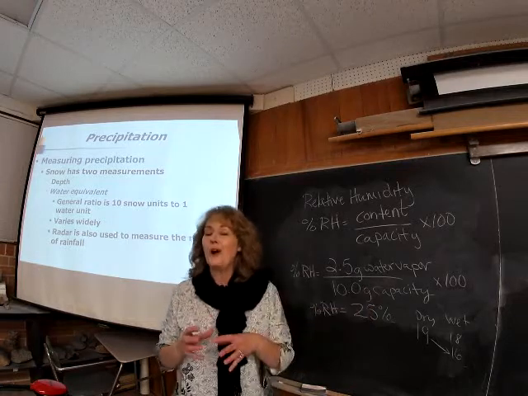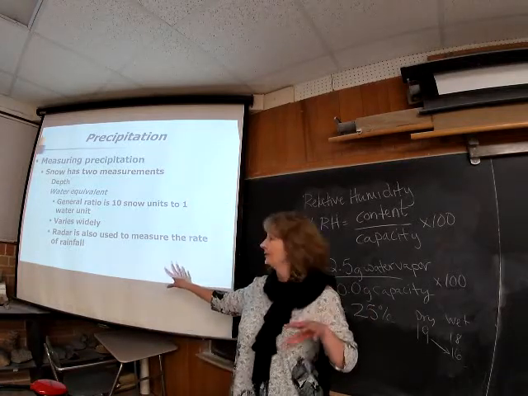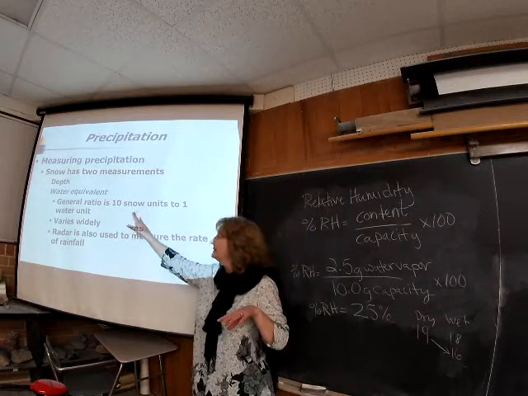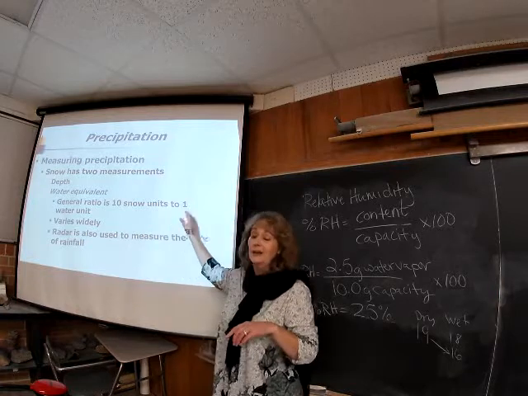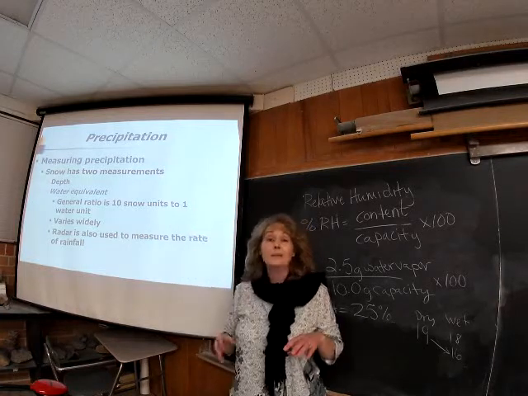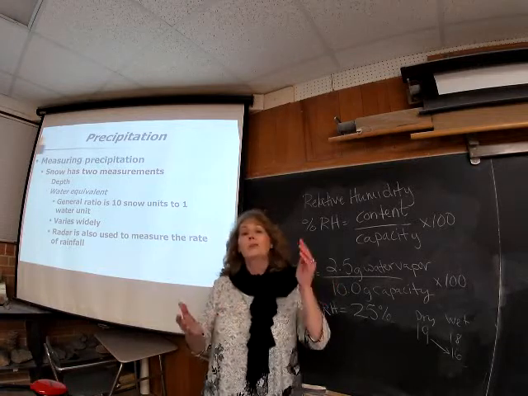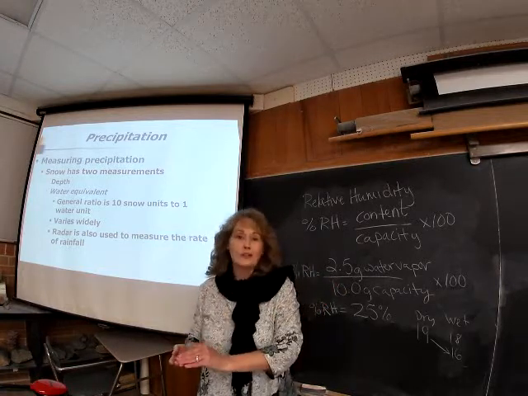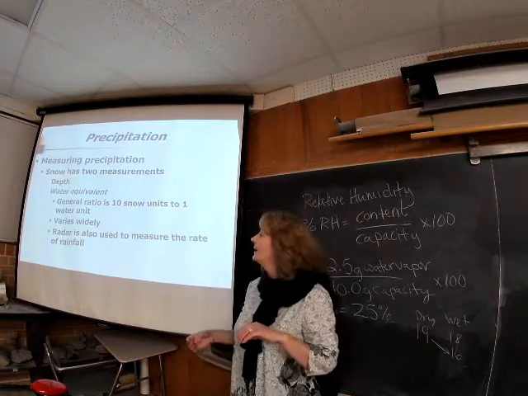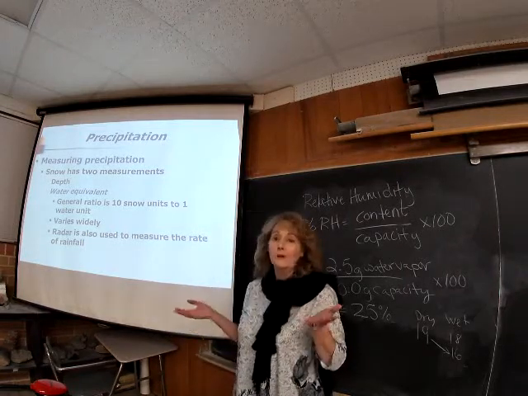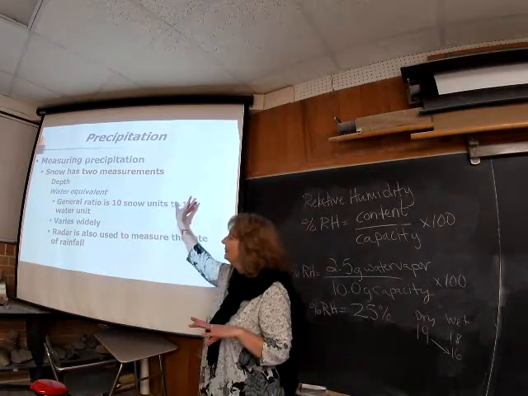There's a very general ratio where 10 snow units converts into 1 water unit. So say you had 10 inches of snow, it would melt down to 1 inch of water. So it's a 10 to 1 ratio that we talk about, depending on whatever unit you're using. But that is a water equivalent.